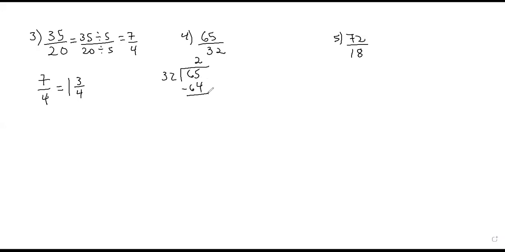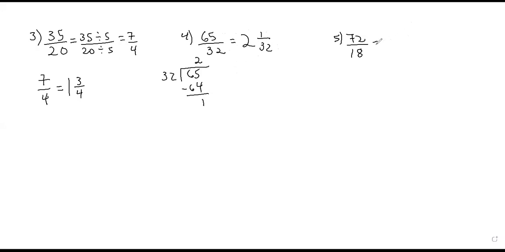We subtract and the answer is 1, as the remainder. So I will write 2 as the whole number and 1 over 32 as the fraction part. This is a mixed number. So we can write mixed numbers from improper fractions.